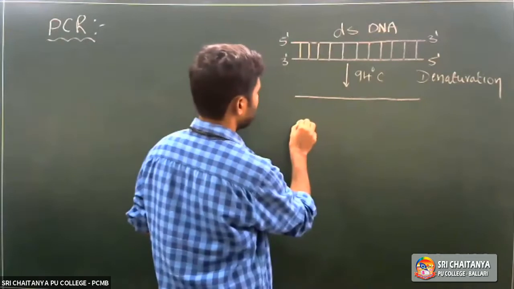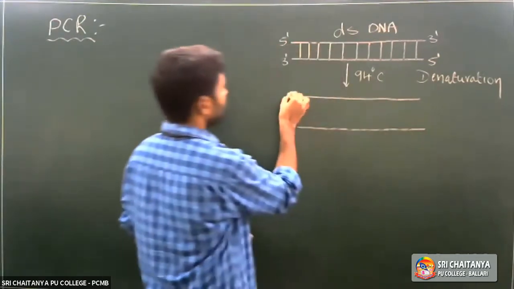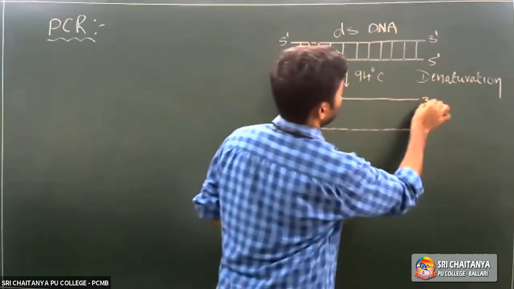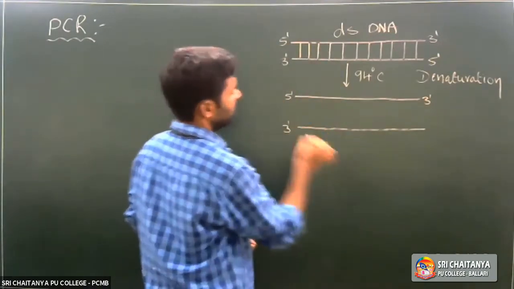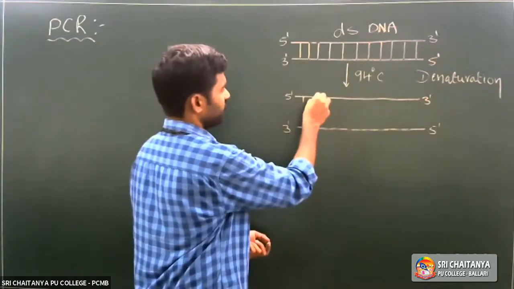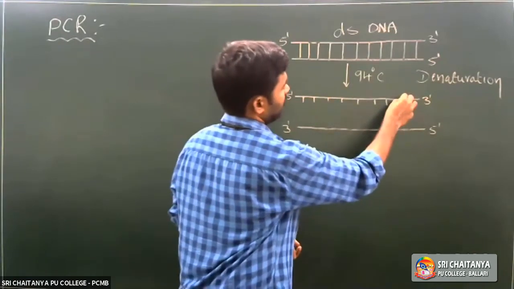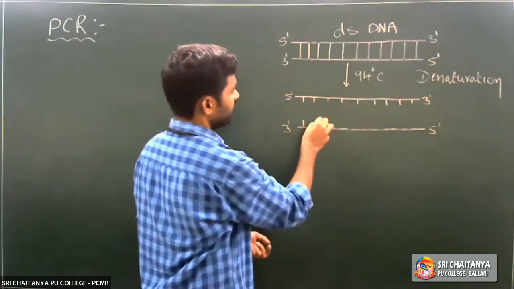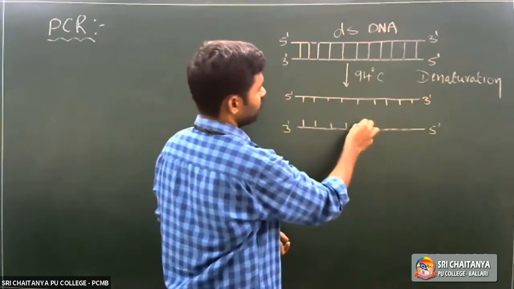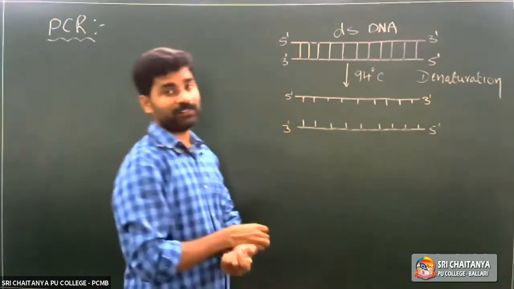See here like this. So this is the 5 prime end, 3 prime end, 3 prime end, 5 prime end. So these are hydrogen bonds. What happened here? The double stranded DNA converted into single stranded DNA molecules.